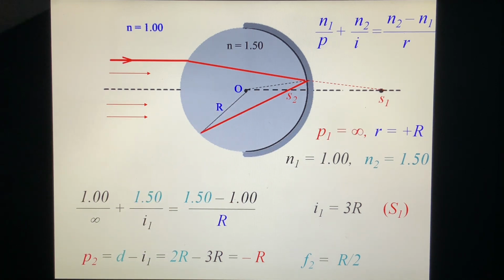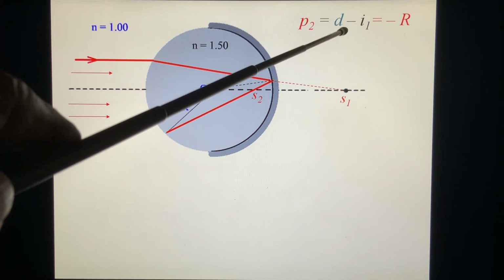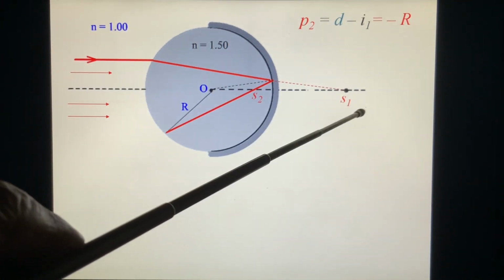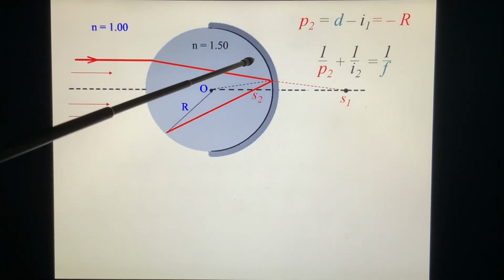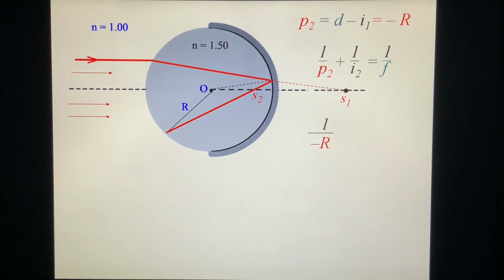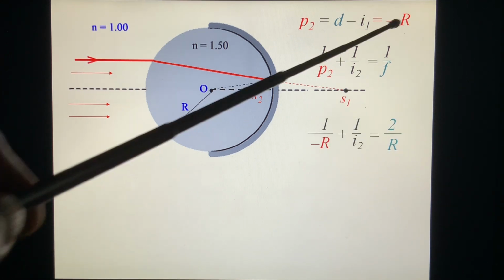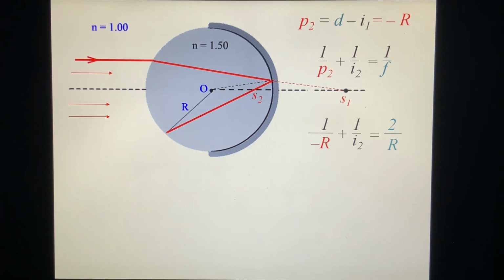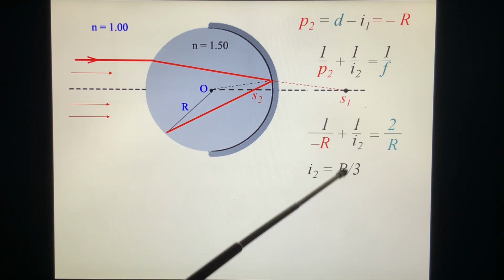P2 equals minus R, F is half R on the real side so it's positive, and we find I2 equals R over 3.